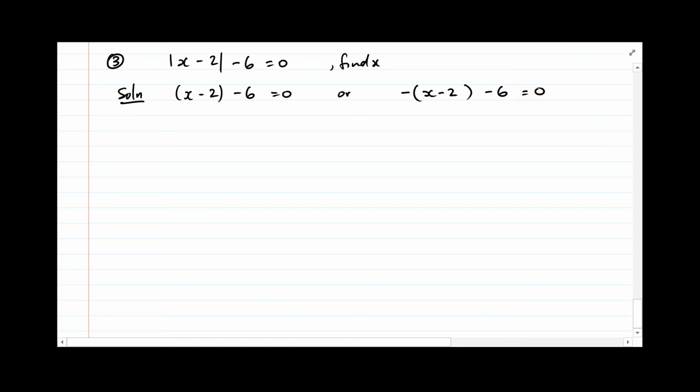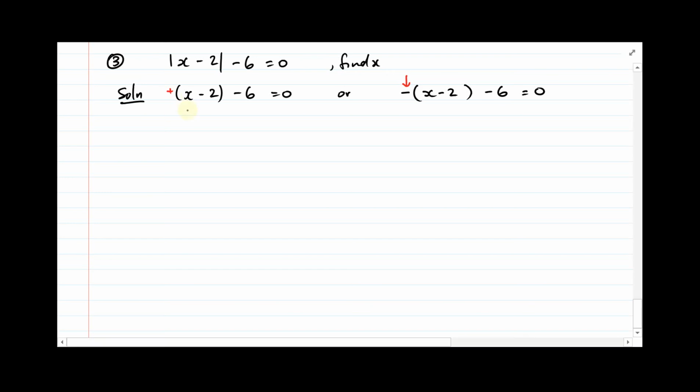Notice I didn't change the signs inside the absolute value. It is exactly the same terms, and you are either keeping it with a positive sign or including that negative sign in front of the whole expression.